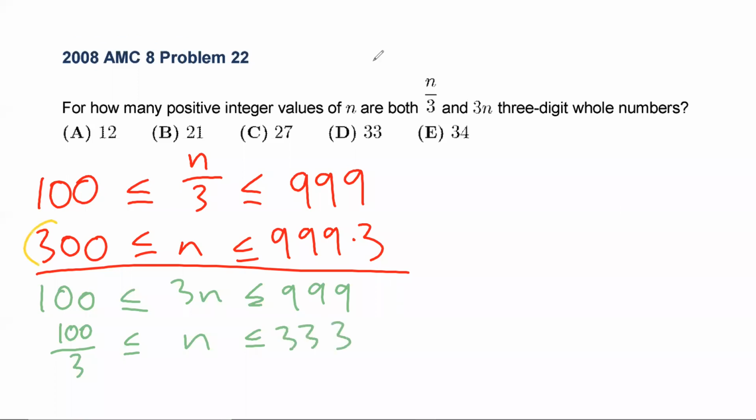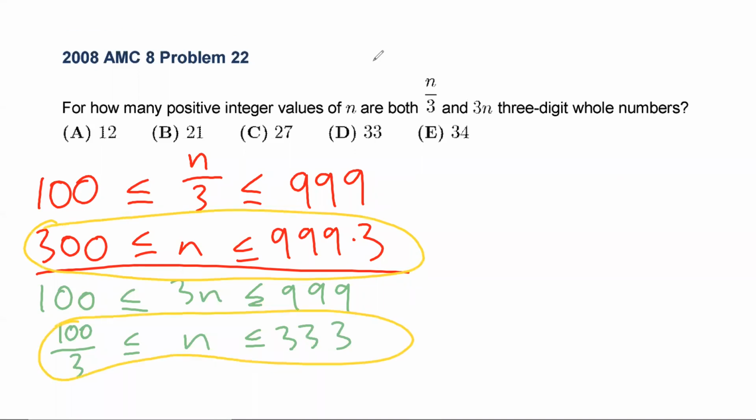So let's say you have this inequality here and this inequality here. If you combine those two inequalities, this one tells you that n must be greater than or equal to 300. And this one tells you that n has to be less than or equal to 333. So you're left with this range.